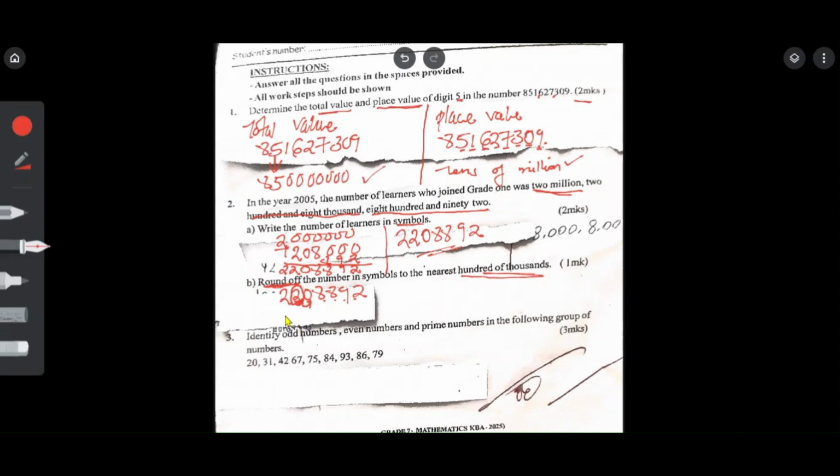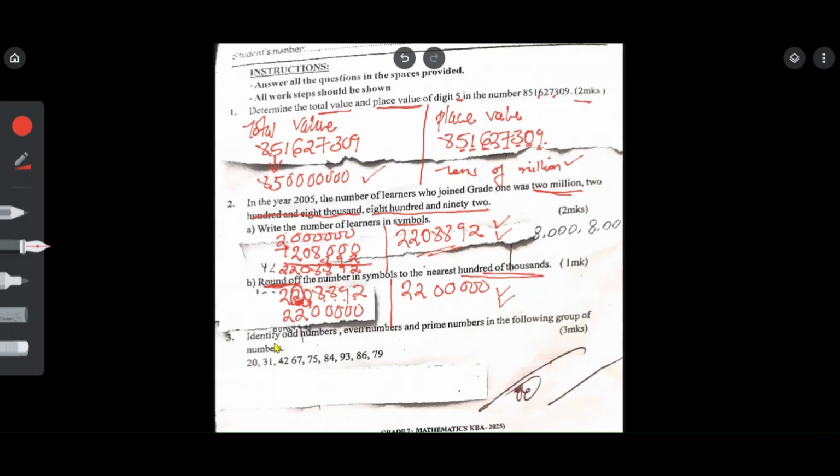I just drop the numbers the same way they are. Then the other numbers on my right, I turn them to 0. So we have how many zeros? 1, 2, 3, 4, 5. So my answer will be 2, 2, 0, then 5 zeros, like that.